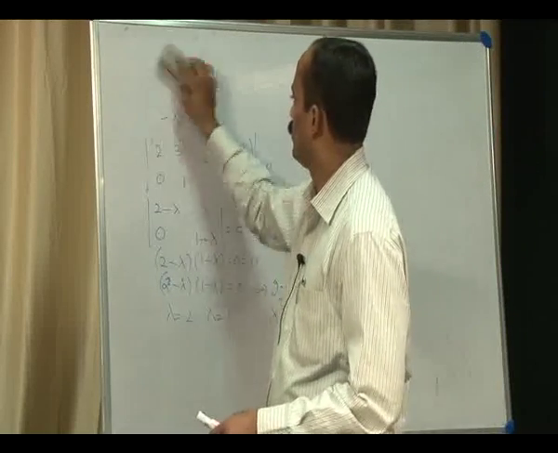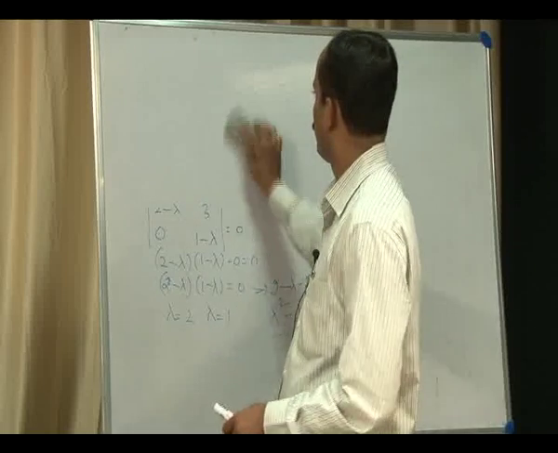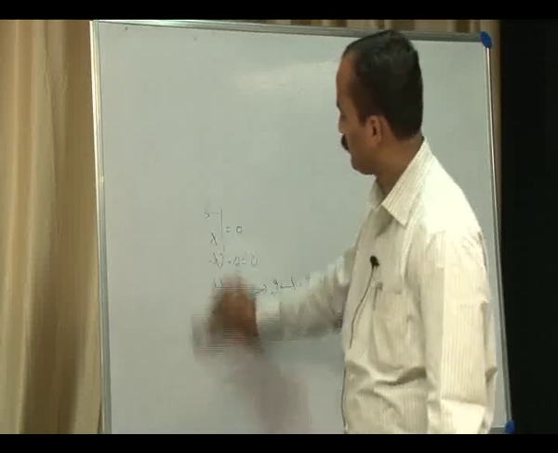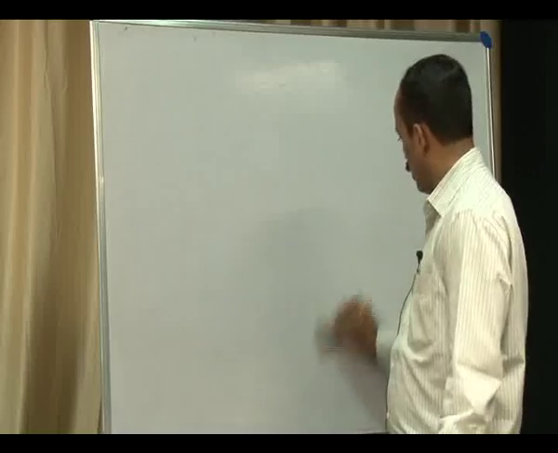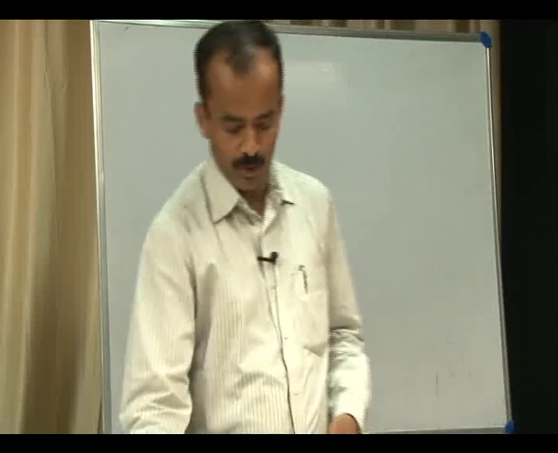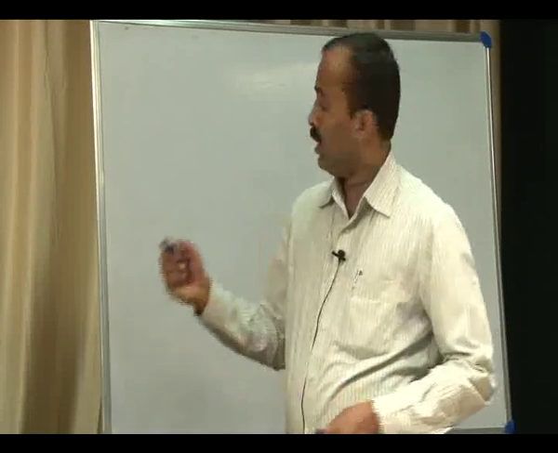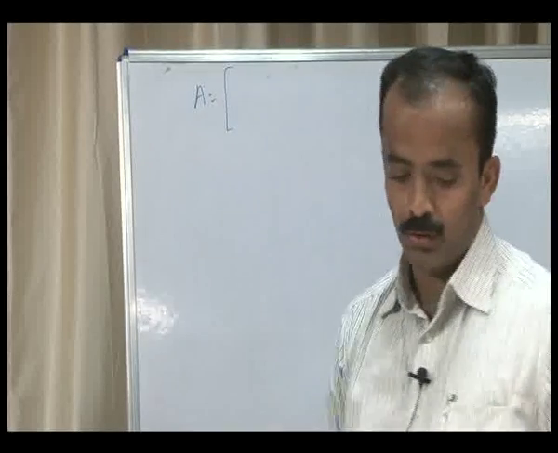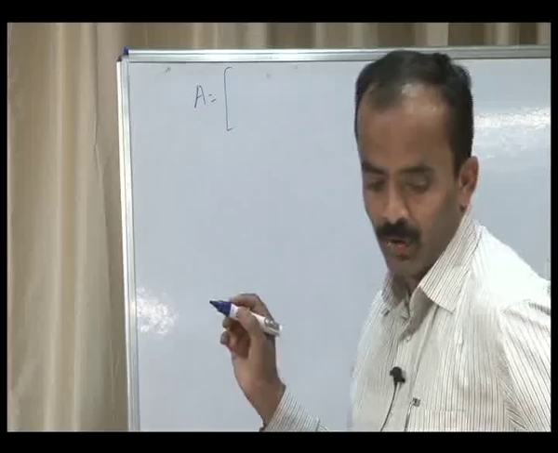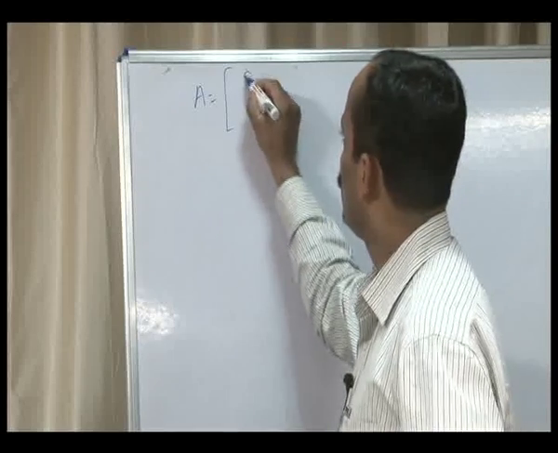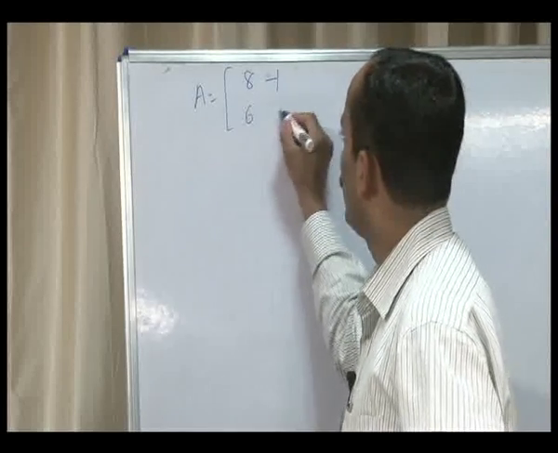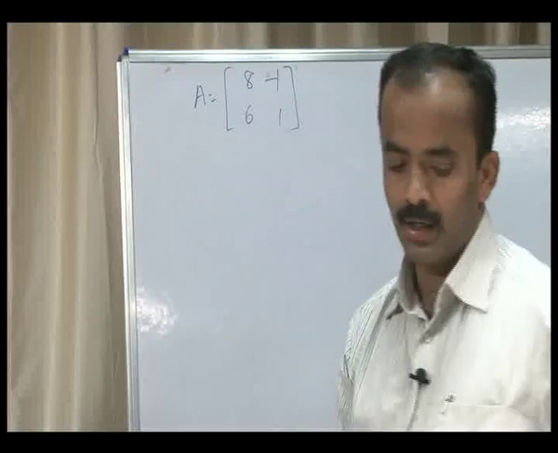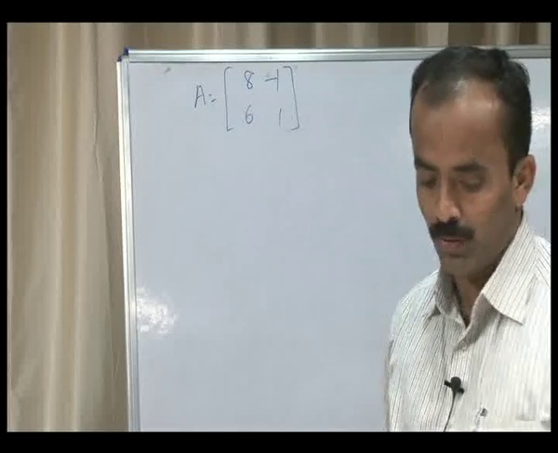Next, let us go for one more problem. A is a square matrix, A is equal to 8 minus 1 6 1.